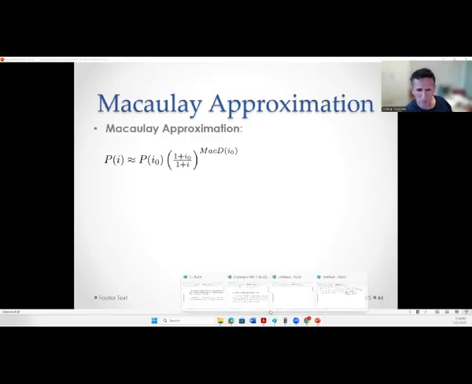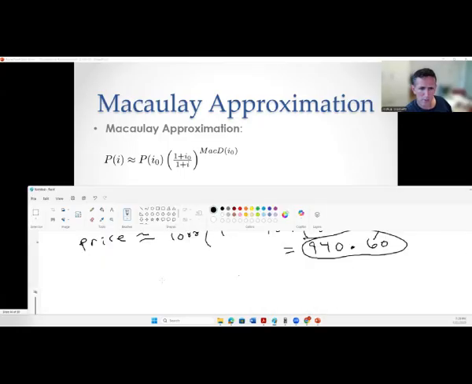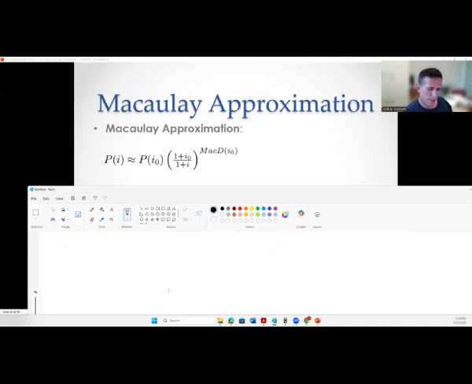What you do is take this function here and do the linear approximation with respect to price.